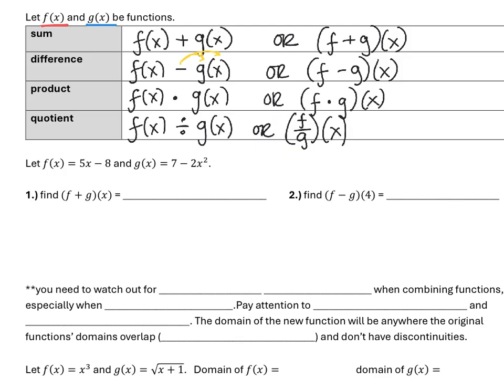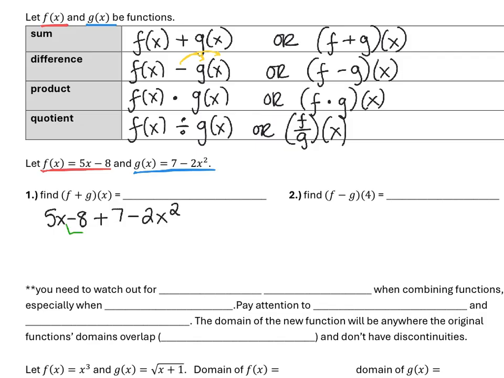Functions given. They tell us that f of x is 5x minus 8, and g of x is 7 minus 2x squared. And they say find f plus g of x. We're going to take f of x, which is 5x minus 8, and then add g of x, which is 7 minus 2x squared.